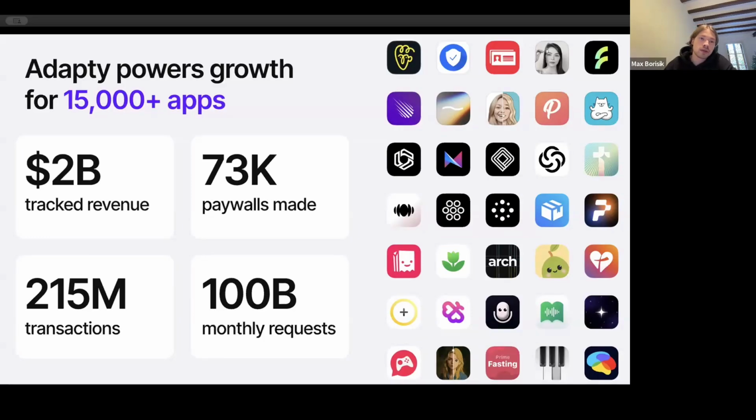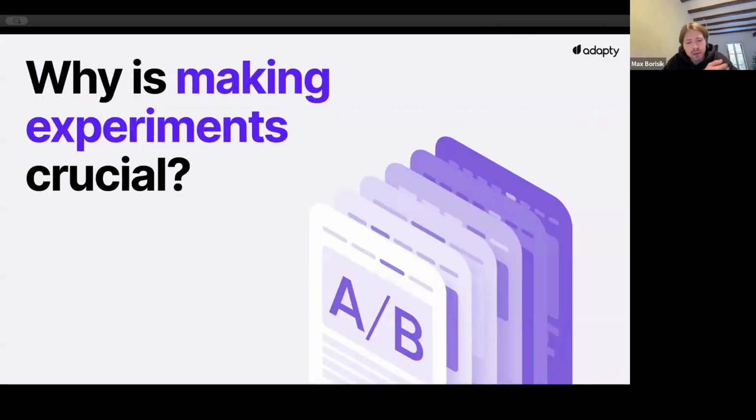So the Autopilot product, we will talk about in more detail later, but now I just want to give you a better understanding of why experimentation is crucial if you're doing a mobile app, because I've talked with lots of apps, close to 100 already, and there is a clean difference between those who do experiments and A/B testing and those who don't. And the difference is very big.